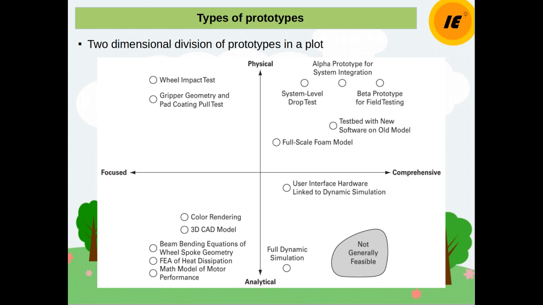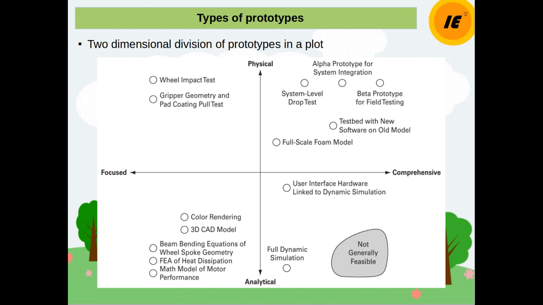You have to think in that way, and that's done in a 3D CAD model. Color rendering, I don't know exactly what it means, and it can also be a beam bending equation of wheel spoke geometry, so that's also analytic and focused. Finite element analysis of heat dissipation, math model of motor performance. These are examples.